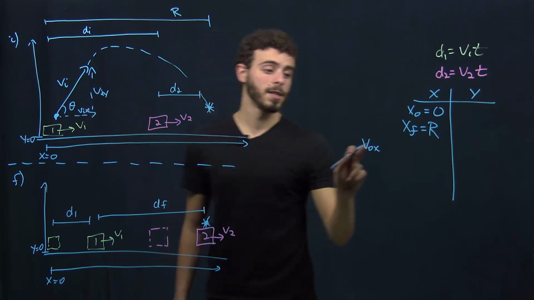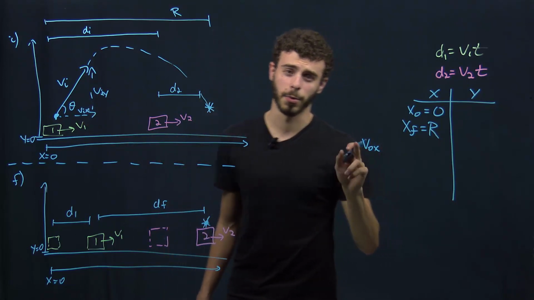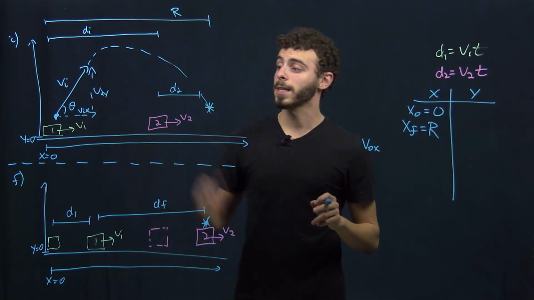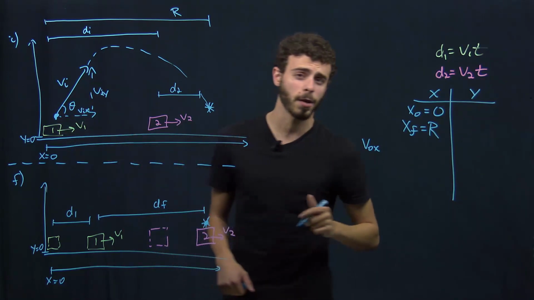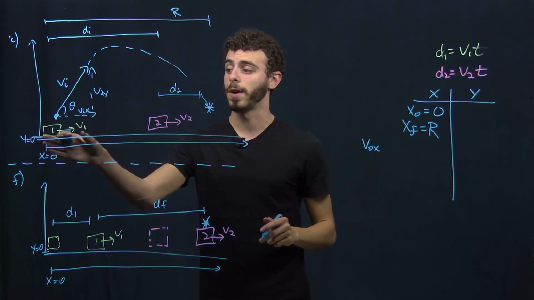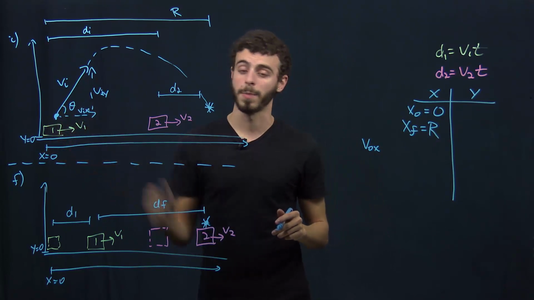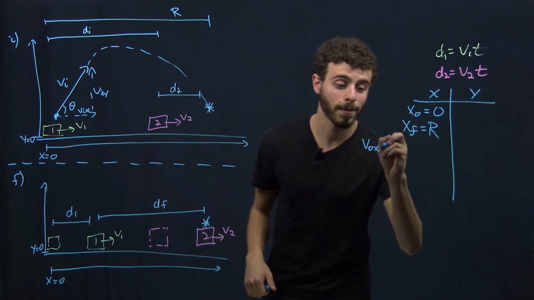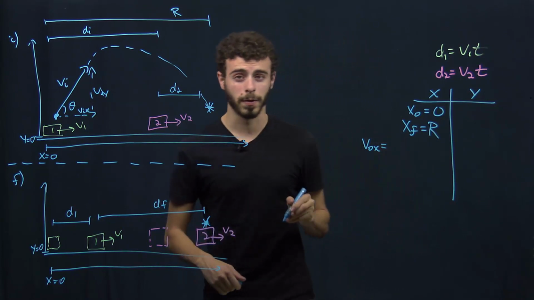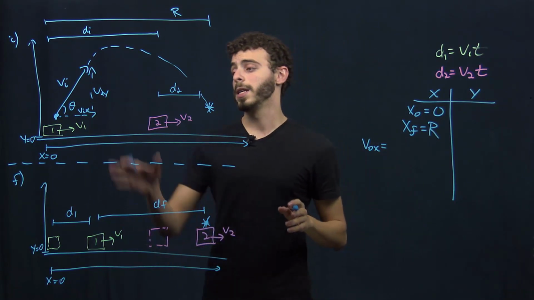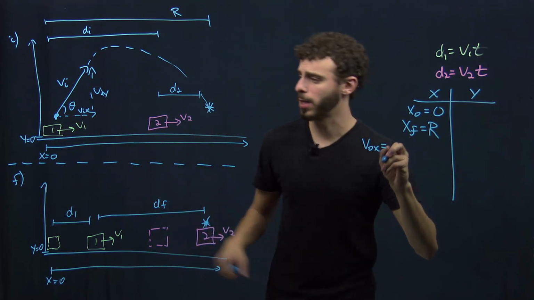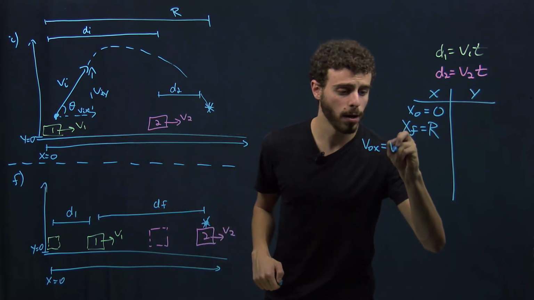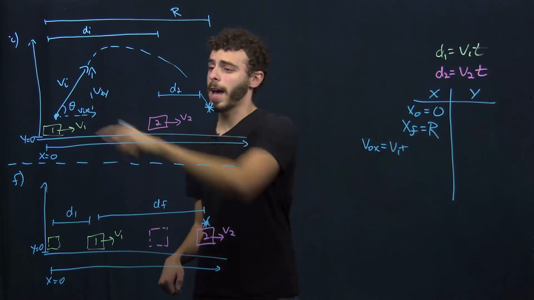But this v_ix does not equal the initial velocity with respect to ground. What this v_ix tells us is the initial velocity of this projectile with respect to the tank that it's fired from. But the tank that it's fired from has an initial velocity with respect to ground itself. So for the total initial velocity with respect to ground, we have to add these two vectors in the x direction, which is to say we have to add v1 to v_ix.